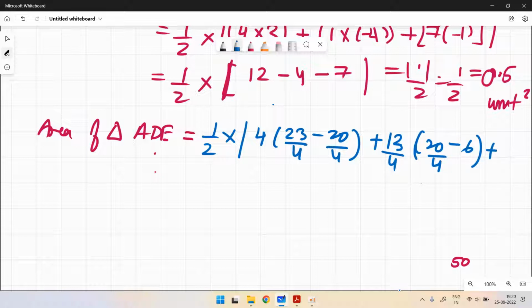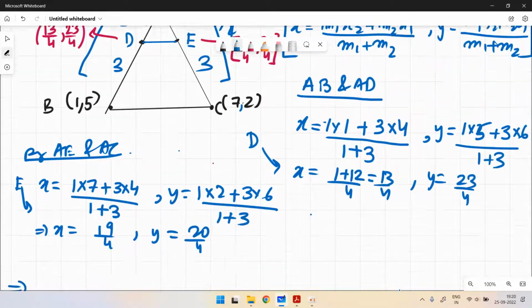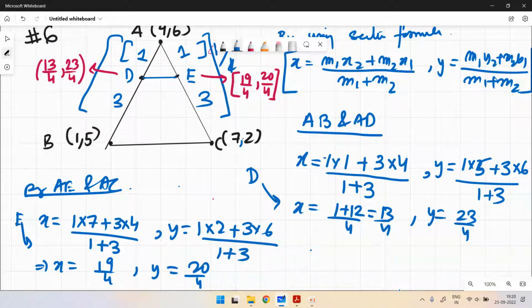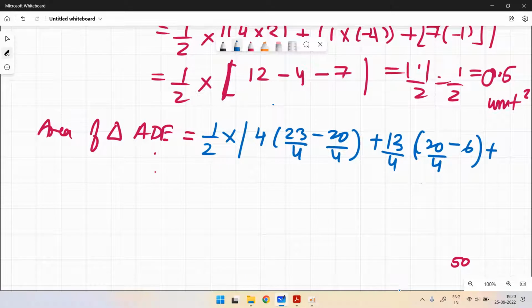Plus next will be this, last is 19 by 4, 623, 19 by 4, 623, modulus closed.